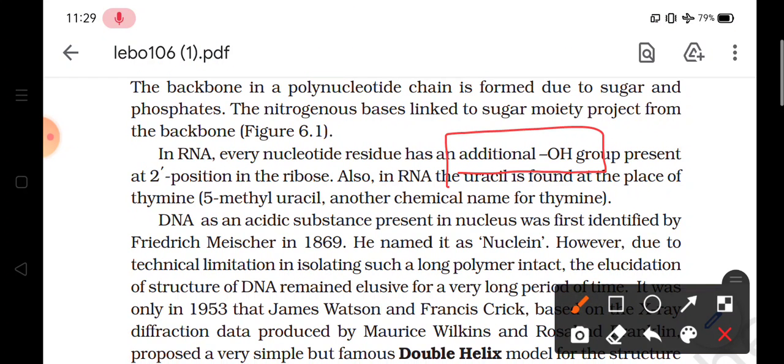This additional OH group will be present at the 2 dash position of the ribose sugar. यानी जो हमने स्ट्रक्चर ऑफ डीएनए पढ़ा वहाँ पर 2 डैश पोजीशन का कोई जो है there is nothing about that, but in RNA राइबोस शुगर की 2 डैश पोजीशन पर what is present, OH is present, and what is the next difference, that uracil is present at the place of thymine. थाइमिन नहीं देखने को मिलेगा, thymine will be replaced by the uracil.